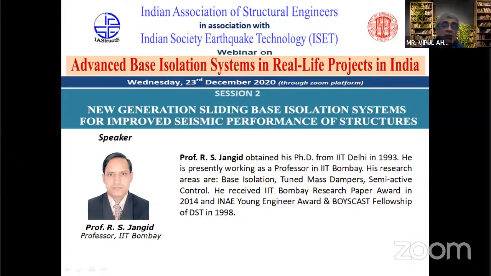At IIT Bombay, he also served as Associate Dean, and served as Independent Director for ETC Network Limited Company of the SL Group. Currently, he is a member of the High Rise Committee for Structural Safety of the Tall Buildings in Mumbai.